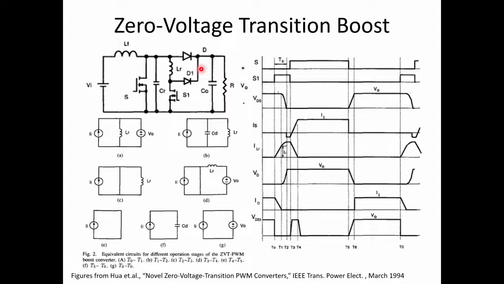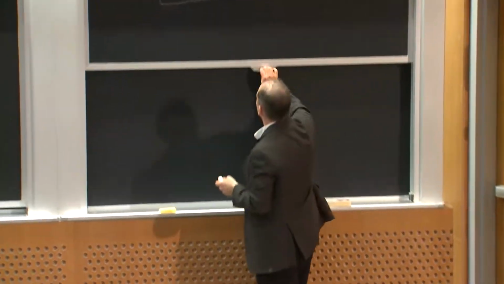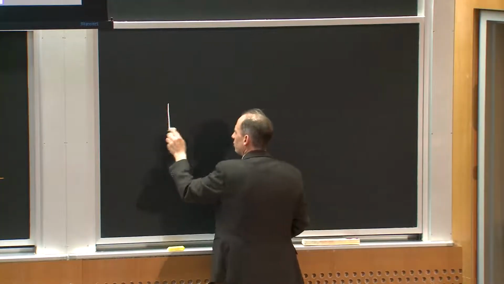If I ignored this LR, D1, and S1, and CR, what would this circuit be? Just a standard boost converter, right? And what we want to do is think about designing a boost converter. So here's my standard boost converter.